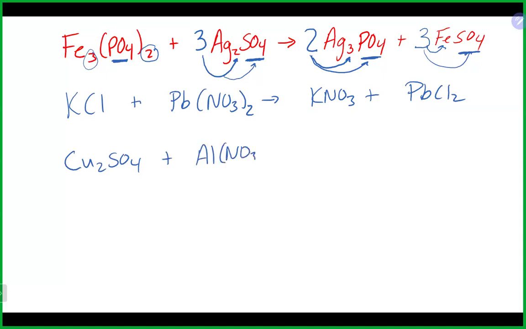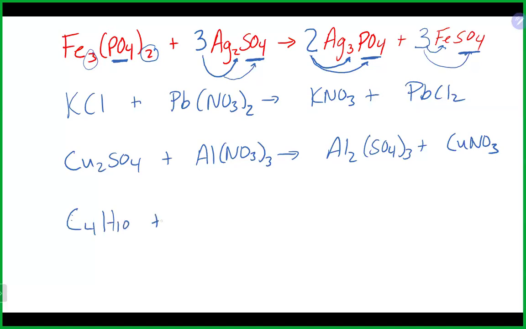Even though they look really scary, and one non-polyatomic ion for fun. I don't know how fun it'll be, but we'll try it here. All right, why don't you try balancing these equations and see what you come up with?